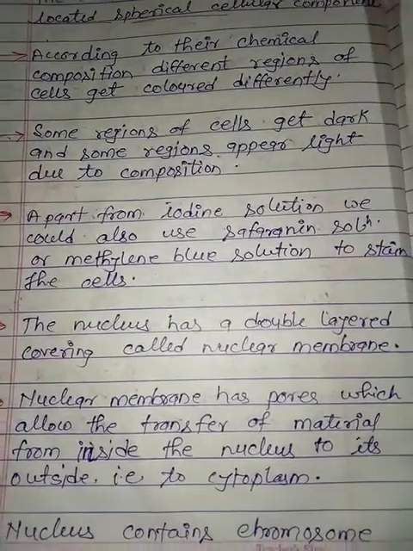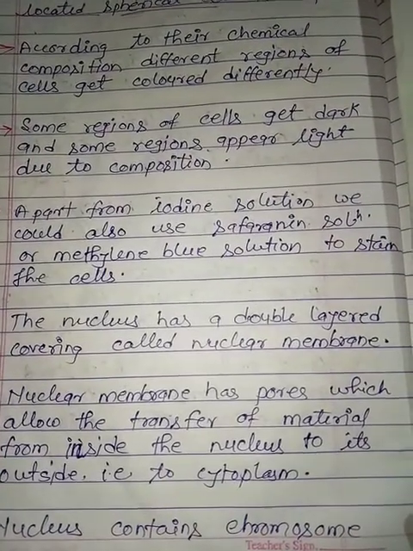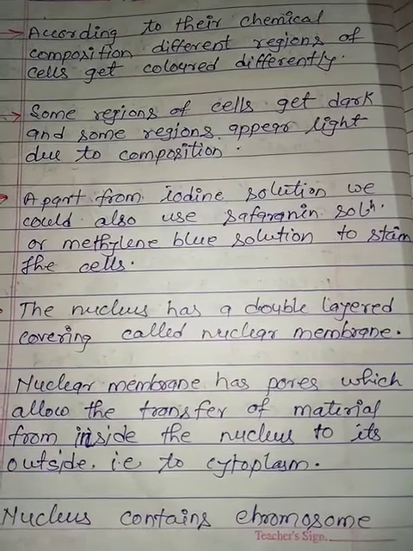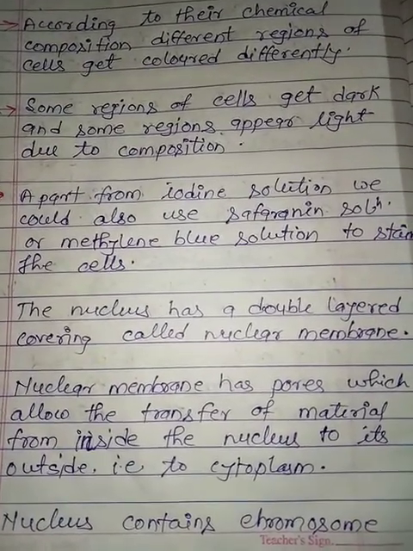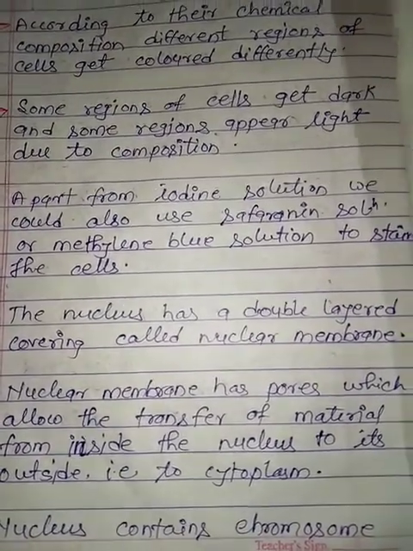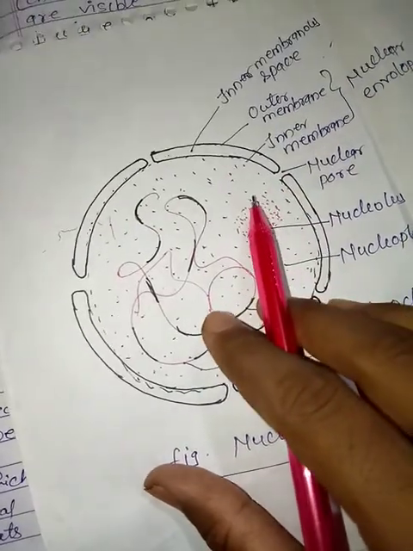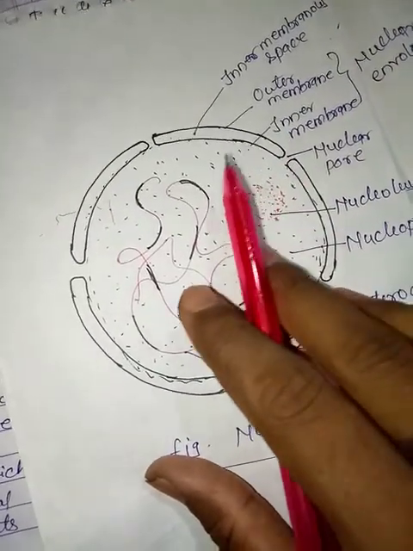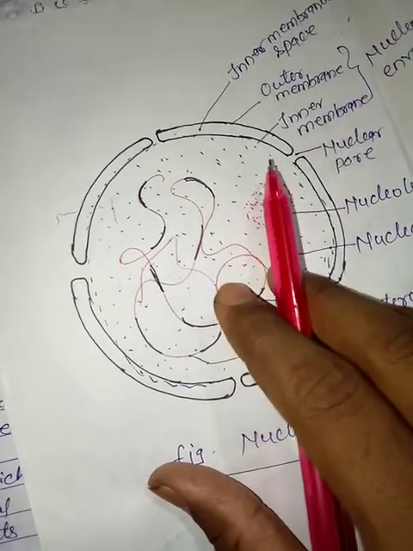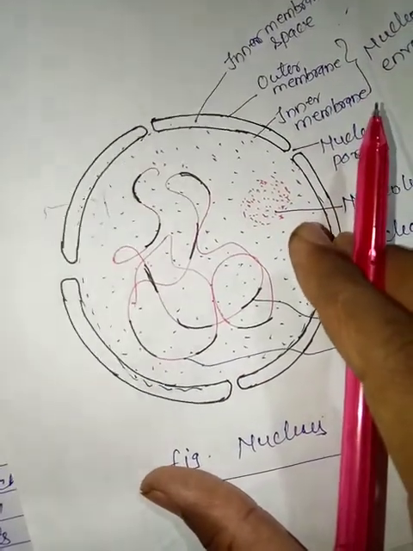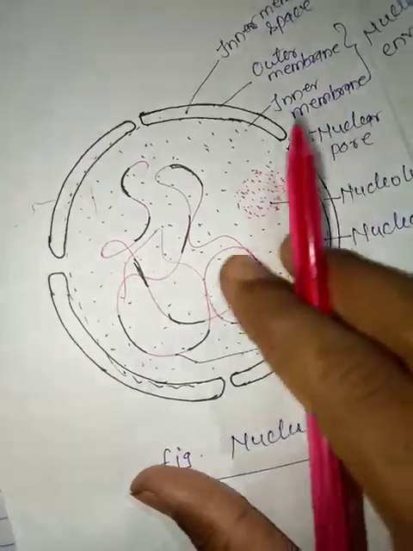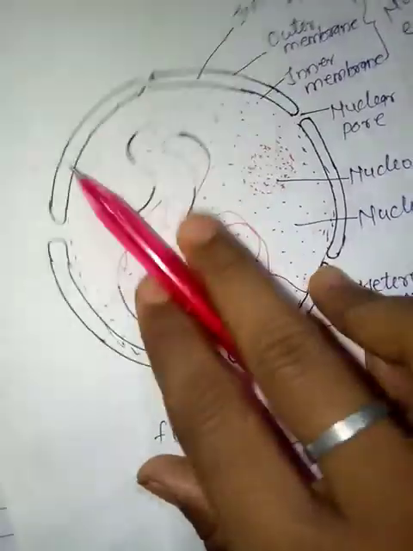The nuclear membrane has pores that allow the transfer of material from inside the nucleus to the outside, that is, to the cytoplasm. These nuclear pores are responsible for the transport of material from the nucleus to the cytoplasm and from the cytoplasm to the nucleus, so that material is exchanged.